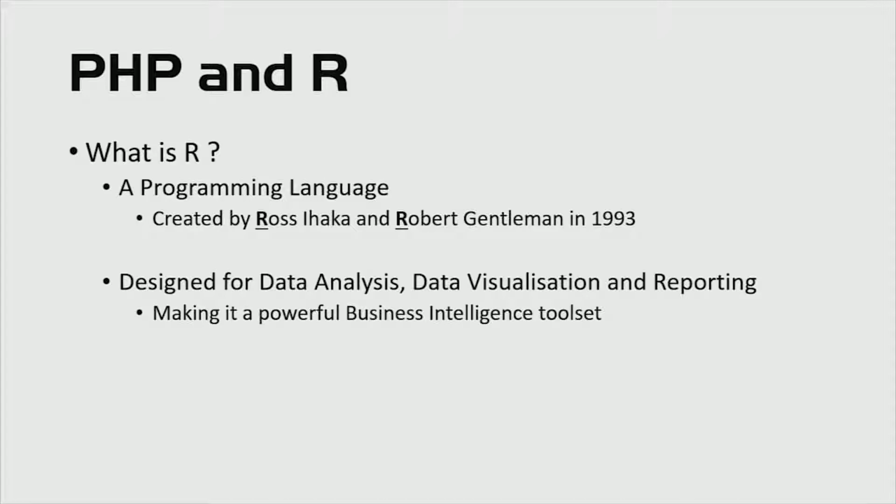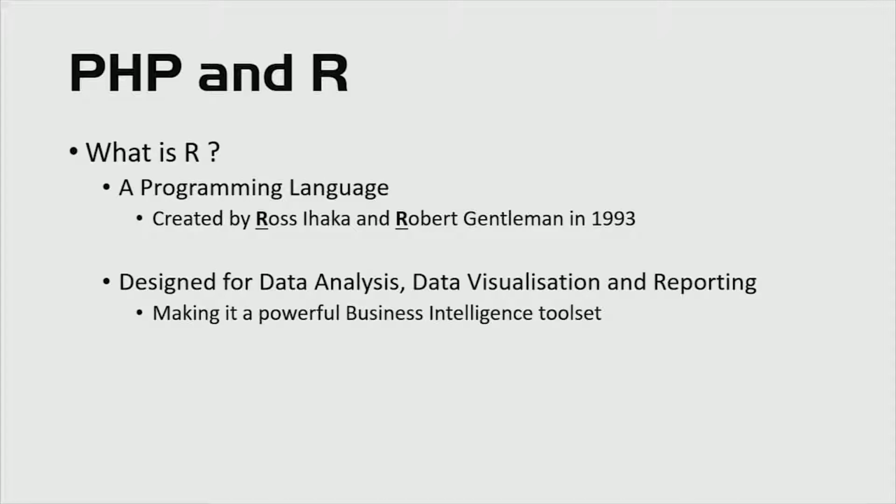What's special about it is it's a purpose-built language. PHP is a general purpose language, pretty much. Okay, it was developed originally for web development, but it was still a general purpose programming language. R was designed very specifically for data analysis and more specifically for visualization of data and reporting of data.